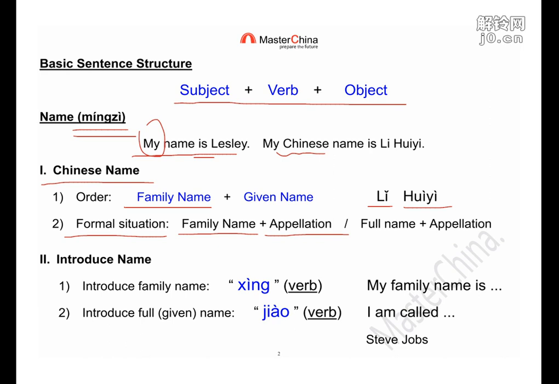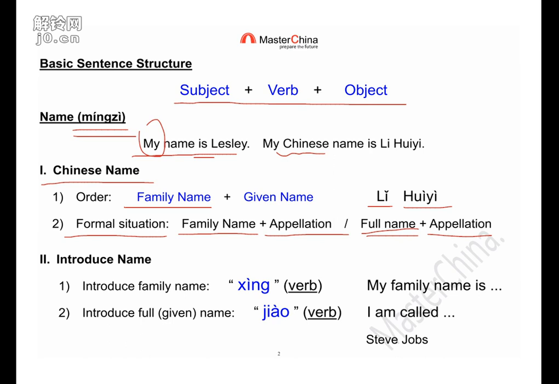Remember? 先生 is the appellation and Li is the family name. So this is in the formal situation. Or in the most formal situation, we put the full name and the appellation together. Okay, now you understand how Chinese people create their names.